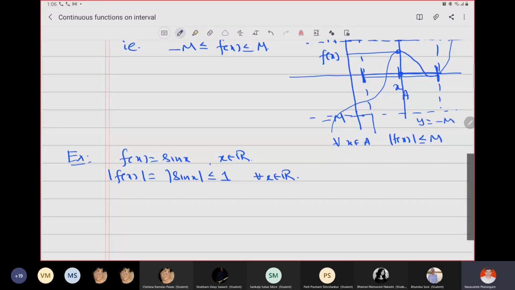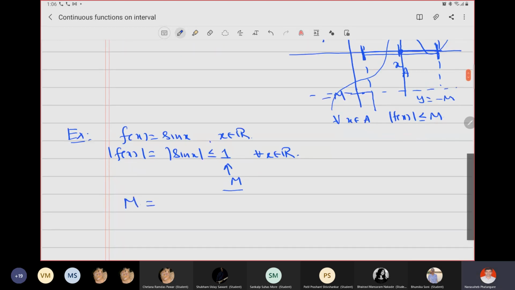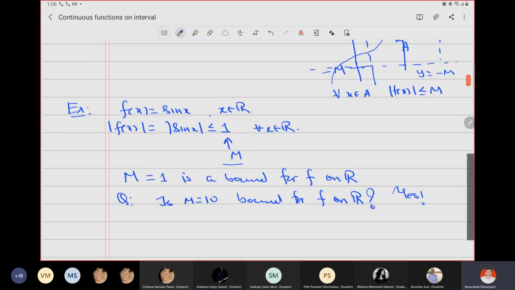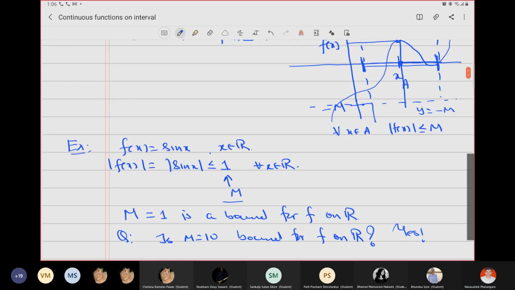So in this case m is 1, so m is equal to 1 is a bound for f on R. A question: is m equal to 10 a bound? Yes, sir. Therefore this bound is not unique. Bounded means we have to produce at least one bound. If you are able to produce at least one bound, that is sufficient; it is not necessary to find the exact bound.